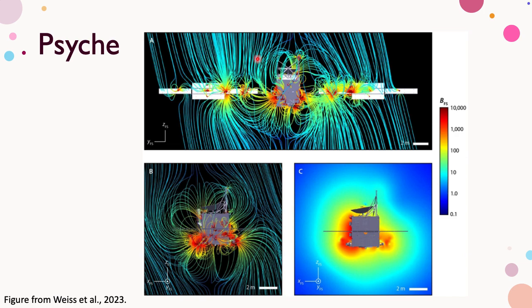So what they've done is actually models. This is a model of the magnetic fields produced by currents flowing, and then you can work out what's being produced by the spacecraft and what is actually the asteroid. But it's a very complex operation to not only understand the magnetic fields, but then to actually measure them.